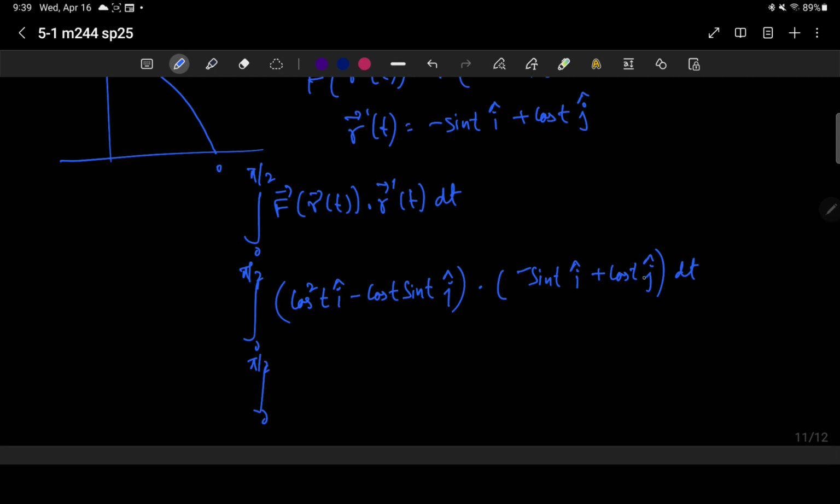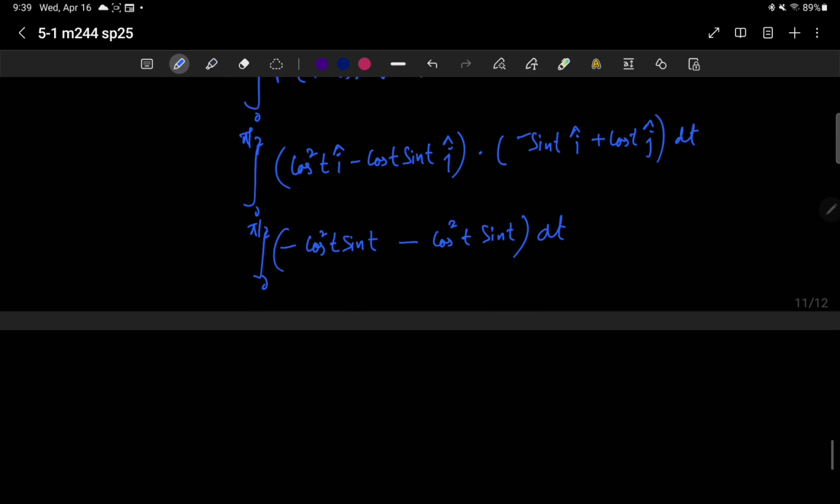The dot product of i's with j's becomes 0, so we're just left with negative cosine squared t sine t, and a negative cosine squared t sine t from the j cap, since i dot i is 1 and j dot j is 1.